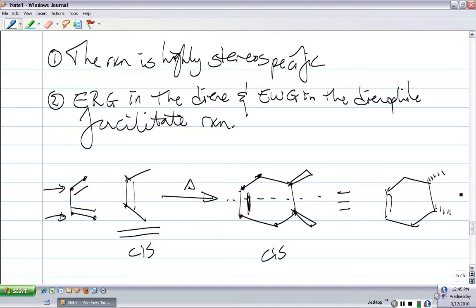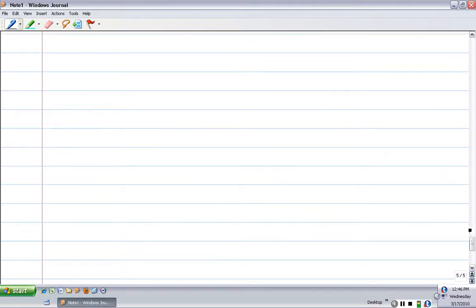I could have just as easily drawn the mirror image like this, by imagining a mirror placed somewhere here. In any event, the molecule has a plane of symmetry, a sigma, and therefore the molecule is achiral. But in this reaction, cis gives cis. Cis and only cis gives cis and only cis. That is stereospecificity.